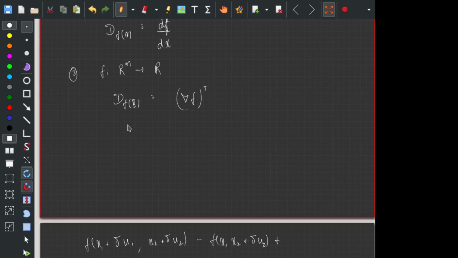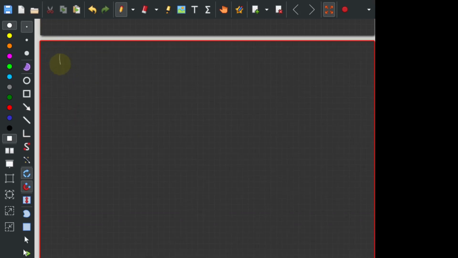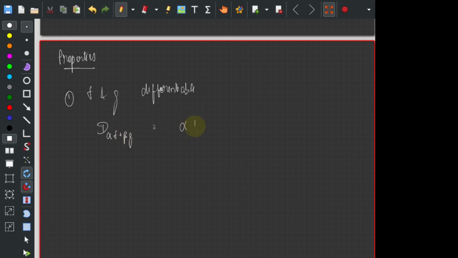So firstly, the derivative is a linear function of f. So if I have two functions F and G, both differentiable, then the derivative of alpha F plus beta G is going to be alpha times the derivative of F plus beta times the derivative of G.